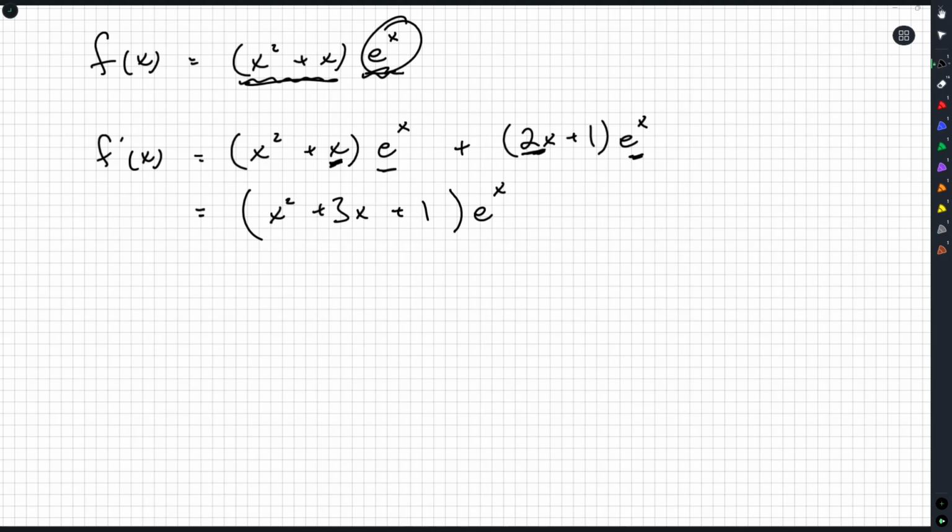So there's our derivative. To find critical points, it's either when it's 0 or undefined, but in terms of undefined, we might make a little note here in red. This is a polynomial times an exponential. Well, polynomials and exponentials are both defined everywhere, so their product is defined everywhere. So we'll say f prime is always defined.